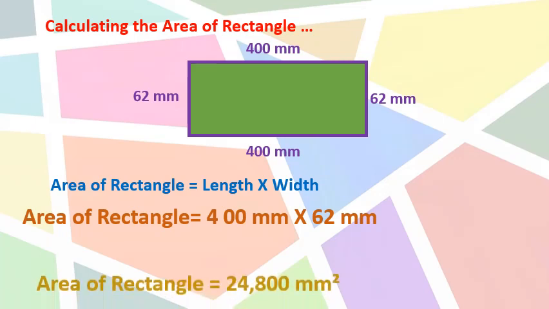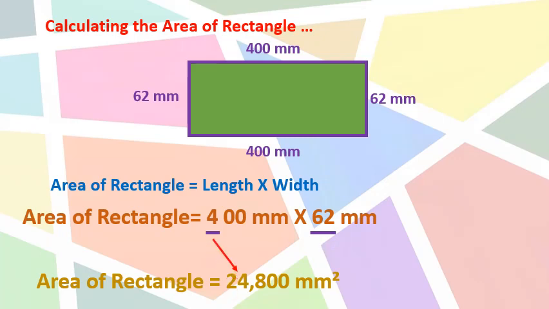And how to find the answer? So area of rectangle is 24,800 millimeters squared. How did we find the answer? First of all, 4 times 62. So we're going to find the product of 4 times 62, which is going to be 248. Then, can you see these zeros that we have? We're going to drop these zeros down, and don't forget the unit millimeter squared.